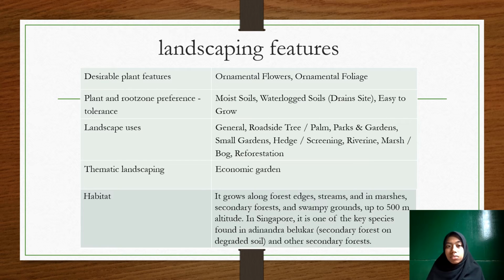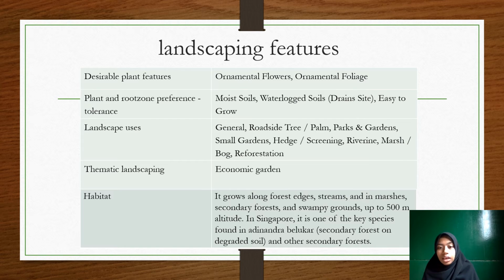Desirable plant feature is ornamental flowers and ornamental foliage, and plant and root zone preference tolerance is moist soil, waterlogged soil, drained sites, easy to grow, and the landscape uses are general, roadside tree, farm, park and garden, small garden, hedge and screening, riverine, marsh, bog and reforestation, and thematic landscaping is economic garden.